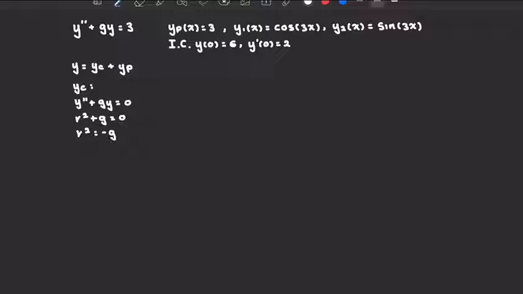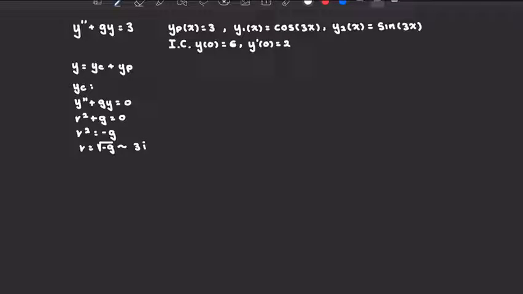So r equals the square root of -9, and the square root of -9 will just be 3i.